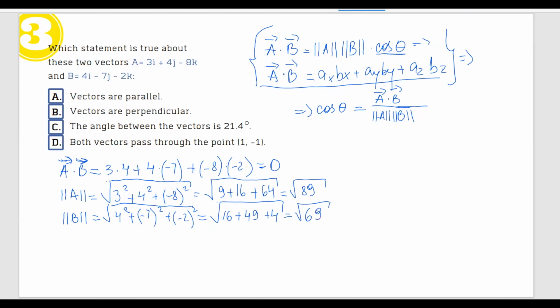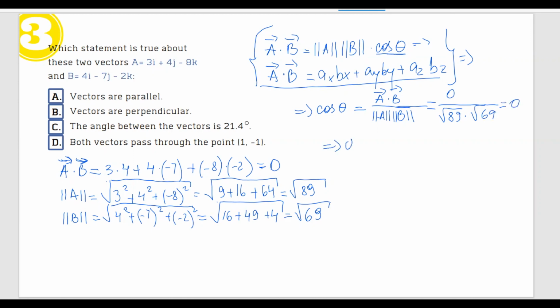Okay, so if we want to go back here, we're going to have that the cosine of theta is going to be equal to 0 over square root of 89 multiplied by square root of 69. So we're going to get that cosine of theta equals 0.